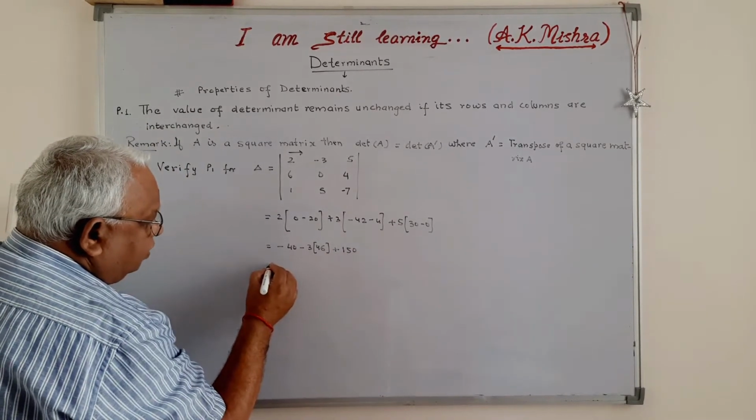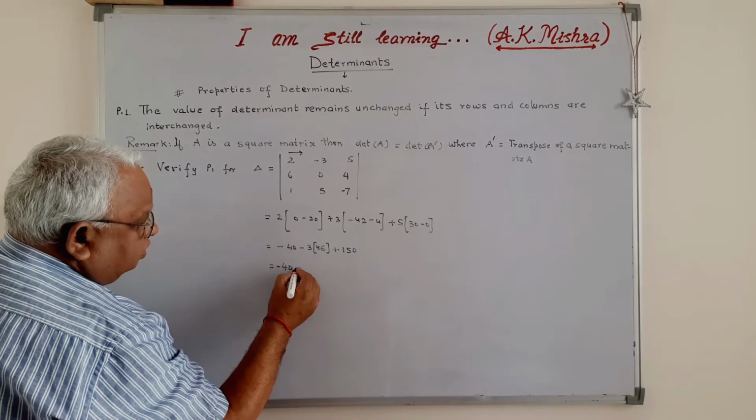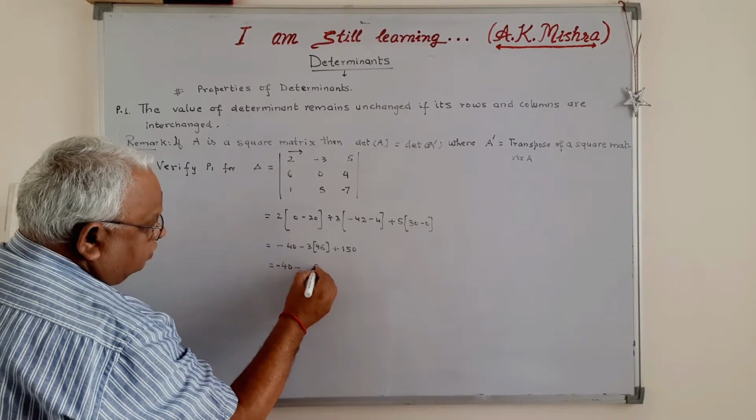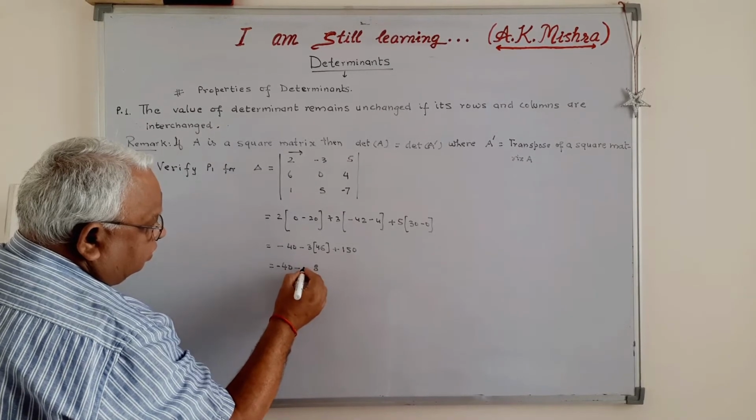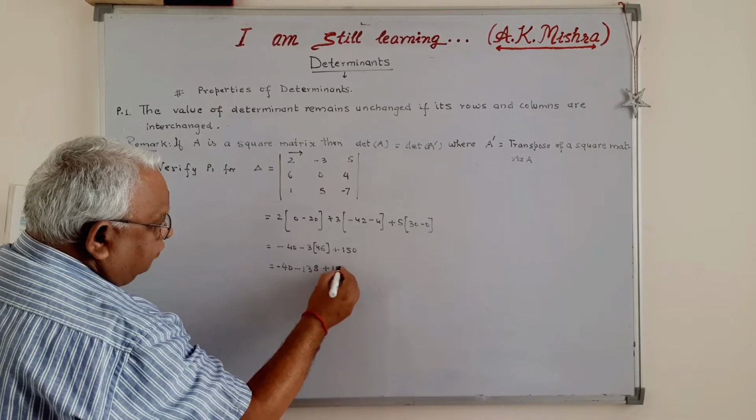So it comes out as minus 40 minus 138 plus 150.